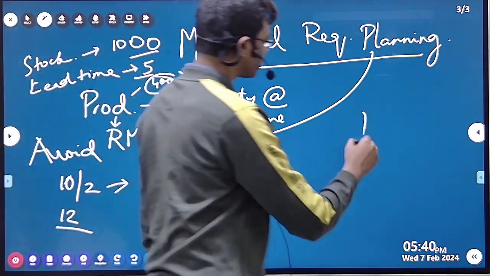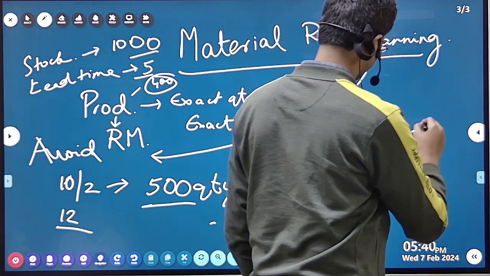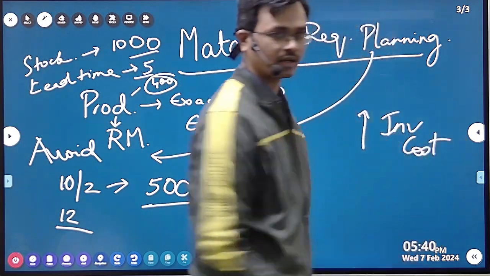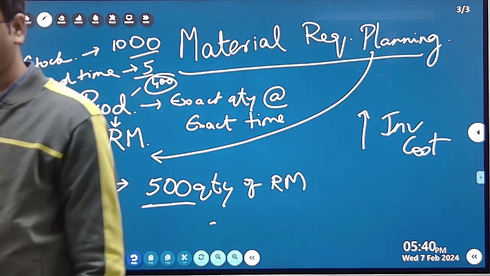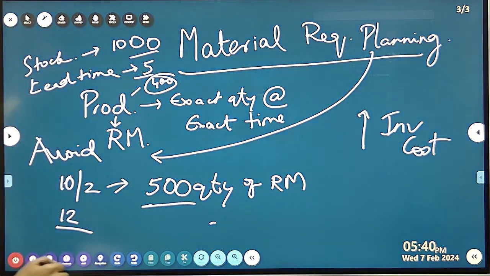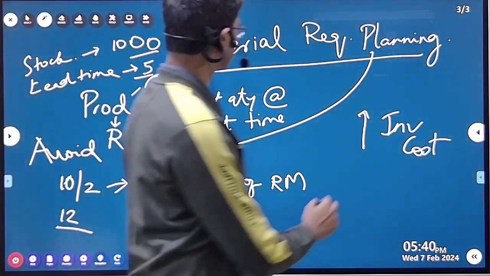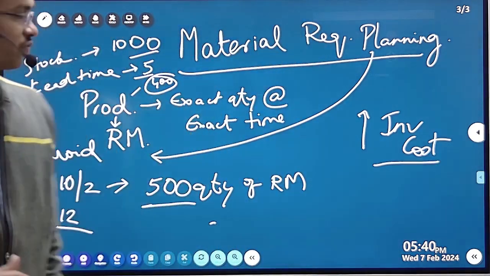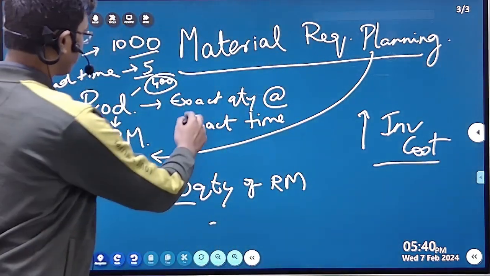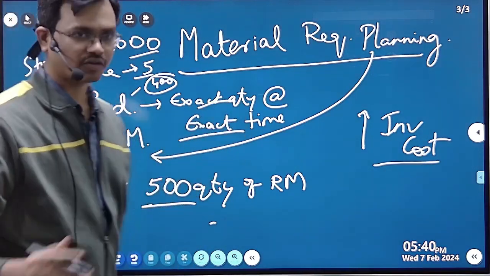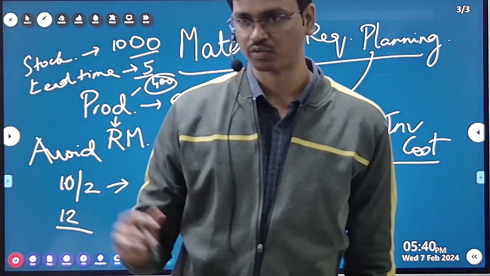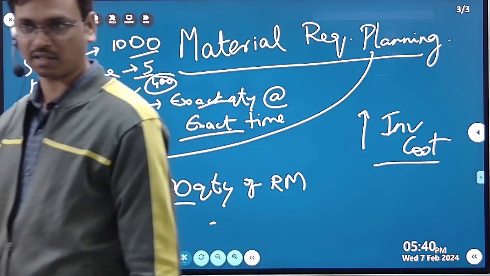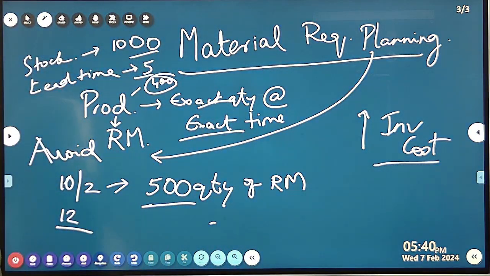Because you are increasing your inventory cost. So efficiently managing your inventory of raw materials is material requirement planning. This is a backward working. If you know the end date and the time, you have to work backwards to plan when you have to order and how much stock you have to maintain. Right, this is material requirements planning.